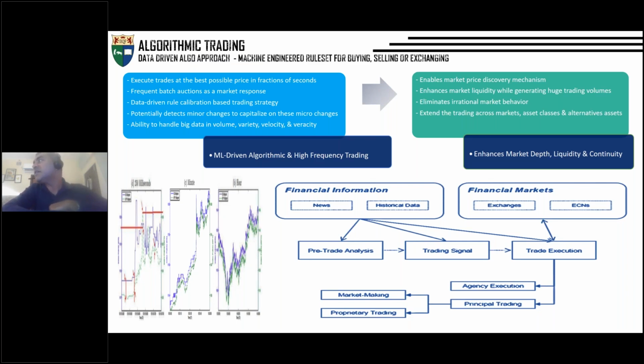That's irrational exuberance, a rat race behavior, which could be completely done away with when you have algorithm trading rather than human trading, because those emotions or sentiments would be put aside, and the algorithm would only be drawing cues and patterns from the data rather than some opinionated view on the market, right?